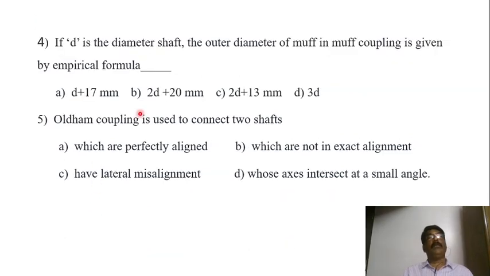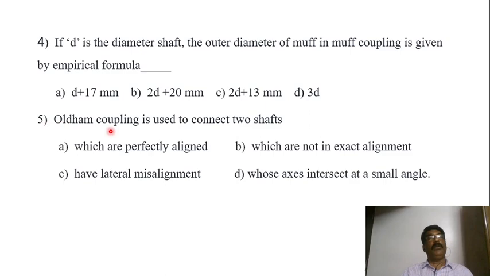Next, if D is the diameter of the shaft, the outer diameter of the muff in a muff coupling is given by the empirical formula 2D plus 13 mm, where D is the diameter of the shaft.